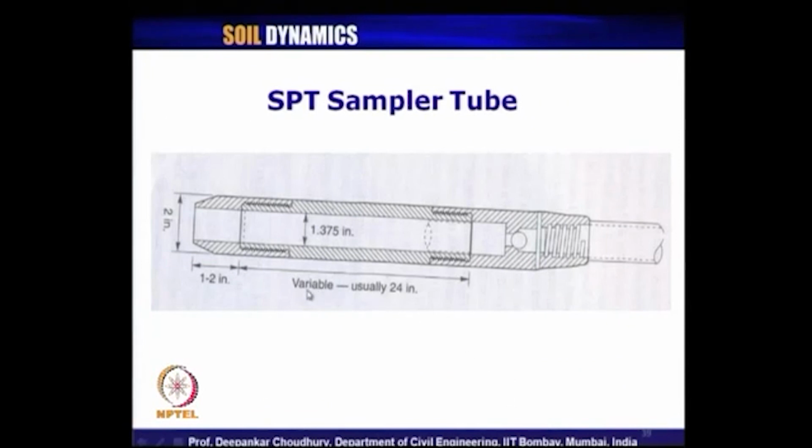So, this is a picture of the SPT sampler tube. You know, this is the outside diameter, the inside diameter, and this length is variable; this is the cutting shoe or edge. It is shown here horizontally, but it will be vertical with this cutting shoe end at the bottom to penetrate the soil, and you hammer on the top of it, and slowly it goes inside and collects the soil sample.